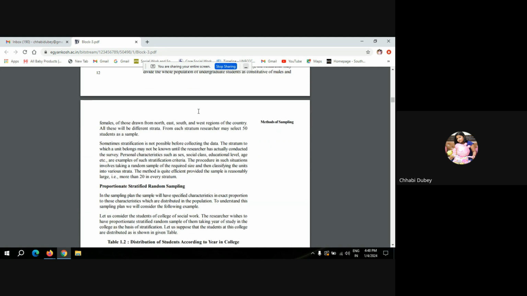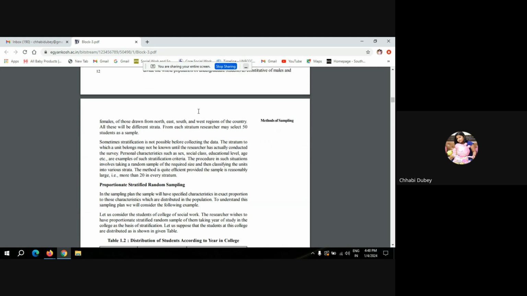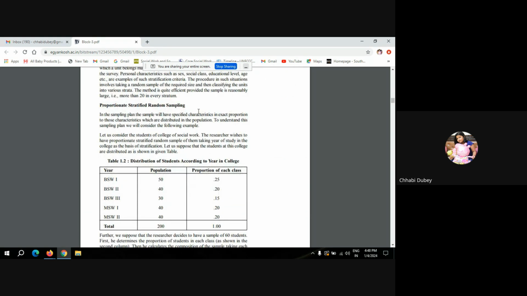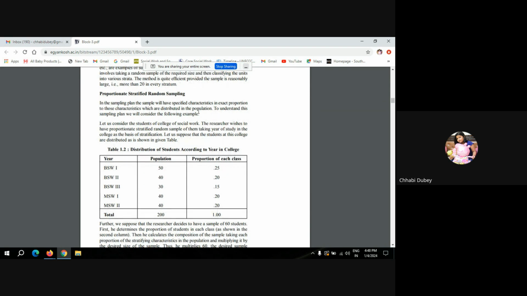Now, after this, there is another subtype which is known as a proportionate stratified random sample. In this sampling plan, the sample will have specified characteristics in exact proportion to those characteristics which are distributed in the population. They have given an example here of distribution of students according to year in a college, and this is how you can study by using the proportionate stratified random sampling.